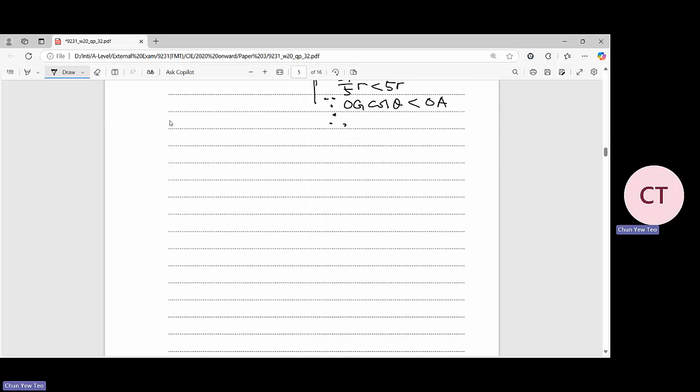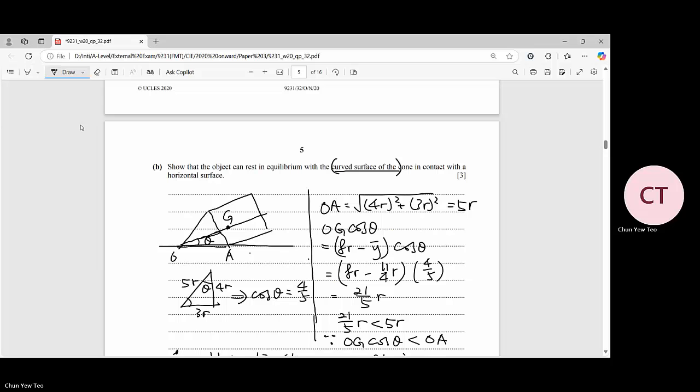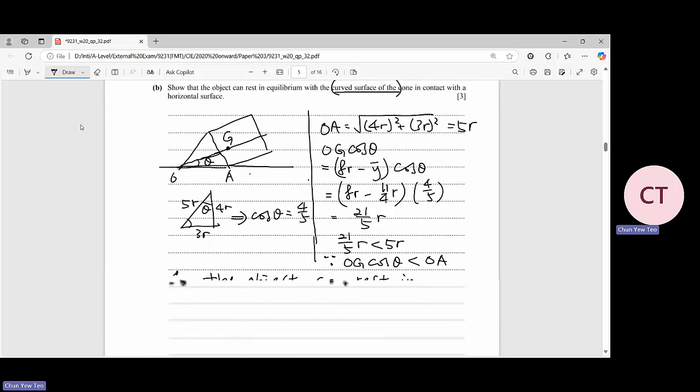Okay, so therefore, I write the conclusion over here. Because of this reason, therefore, the object can rest in equilibrium with the curved surface of the cone in contact with the horizontal surface.